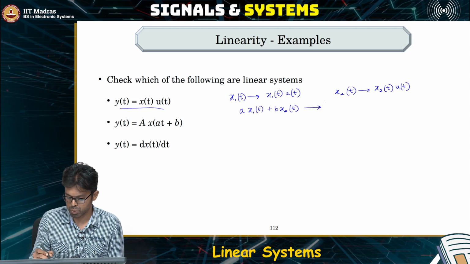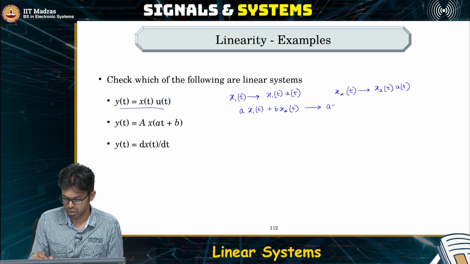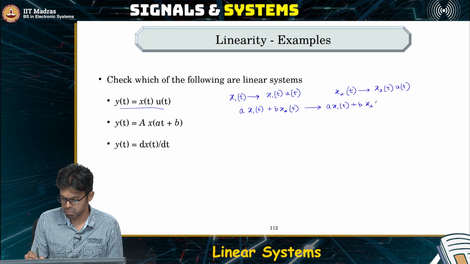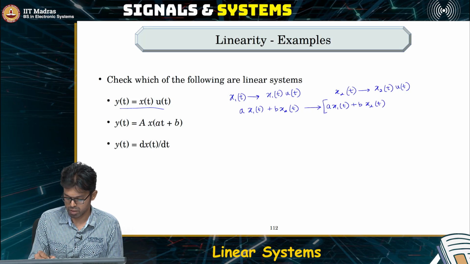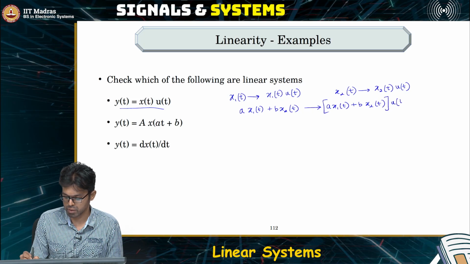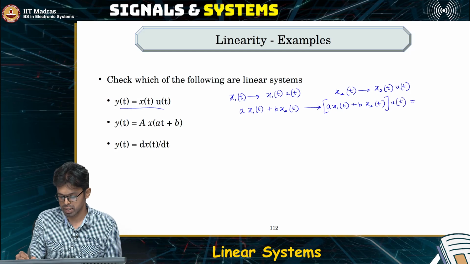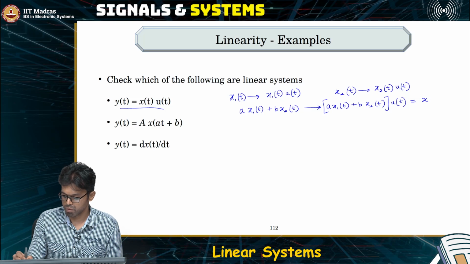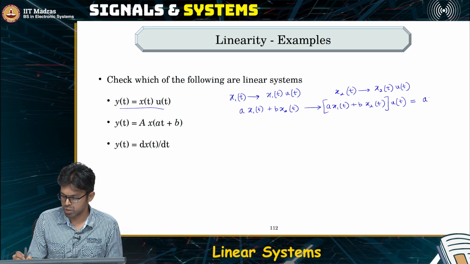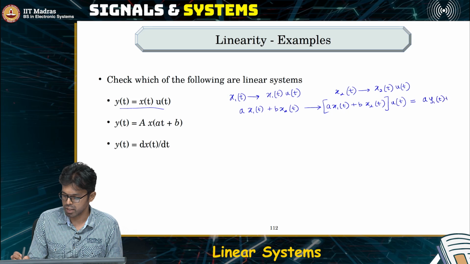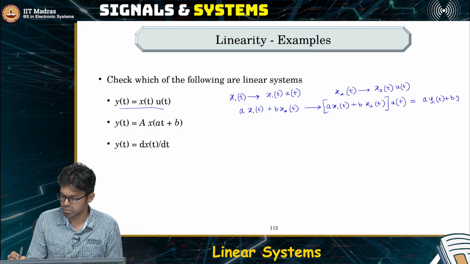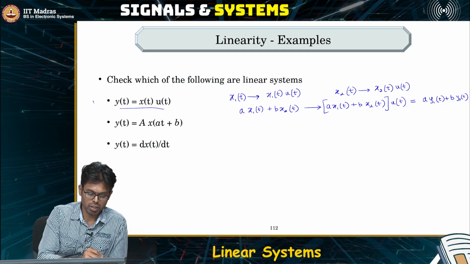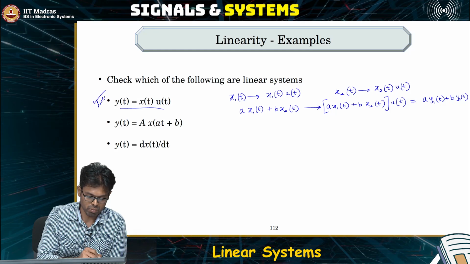The output is going to be a x1 of t plus b x2 of t, the entire thing multiplied with u of t, which is exactly the same as the individual outputs scaled and added together. So this is a linear system.